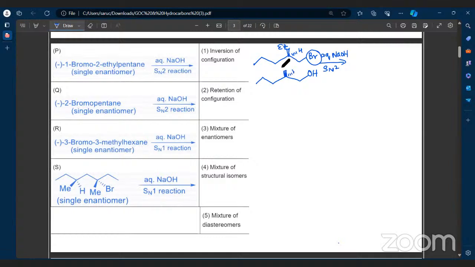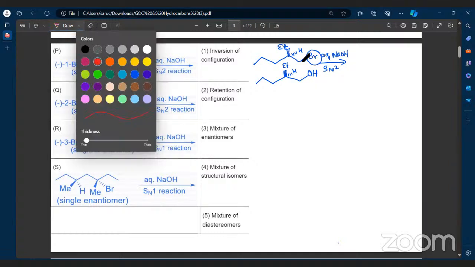Now what happens to the configuration? What I have told you is that in SN2 reaction, inversion of configuration will take place. But look at the carbon where this bromine or OH is attached.